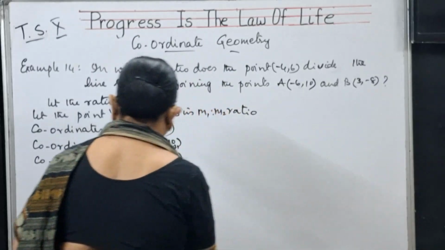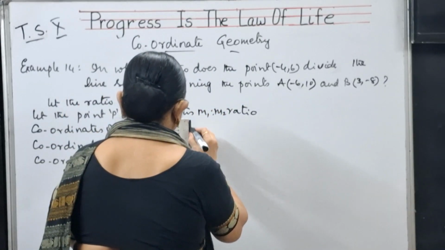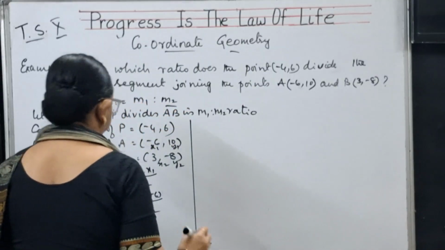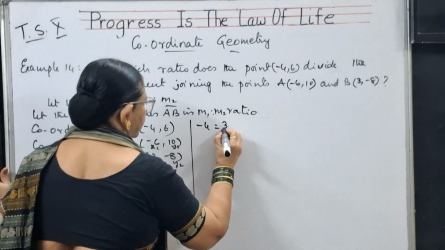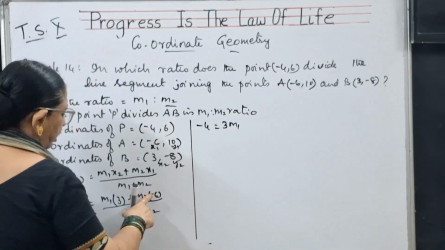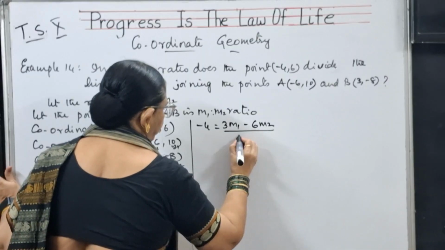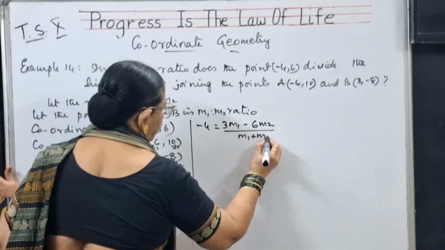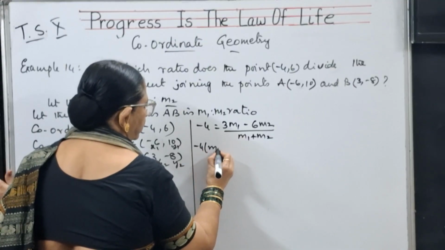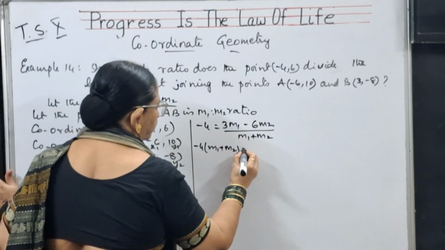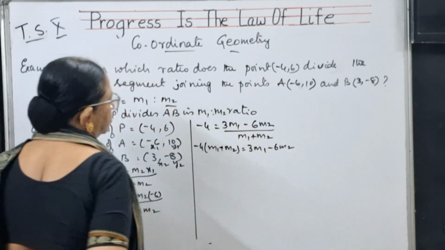Now let me continue. Minus 4 is equal to 3 into m1 is 3m1, minus into plus is minus 6m2, by m1 plus m2. So this cross multiplication, minus 4 into m1 plus m2 is equal to 3m1 minus 6m2.